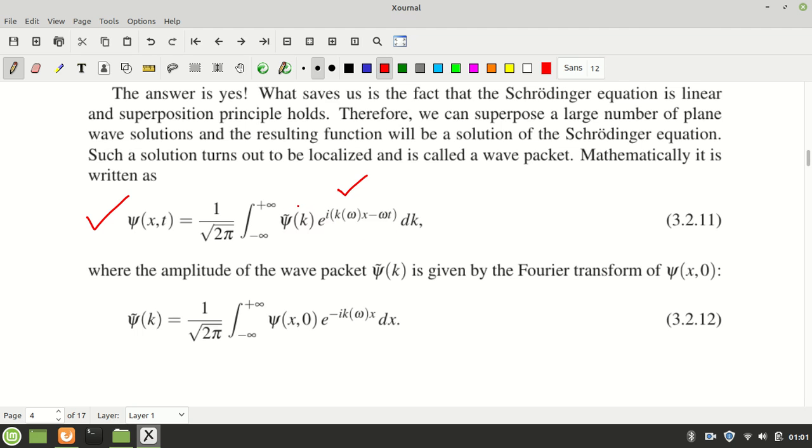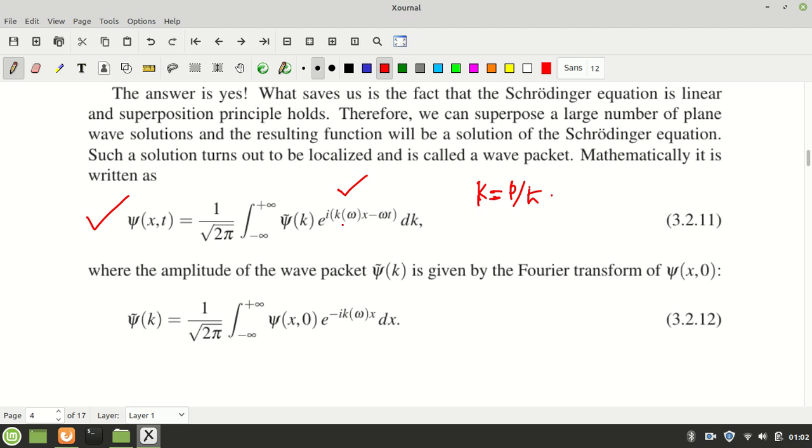Adding up here means an integral, as k is continuous, because k is related to the momentum, and momentum can take any value, p by h cut. So momentum can be continuous, so k is continuous. k is a function of omega in general, that is the dispersion relation, and it is not important to discuss that here.